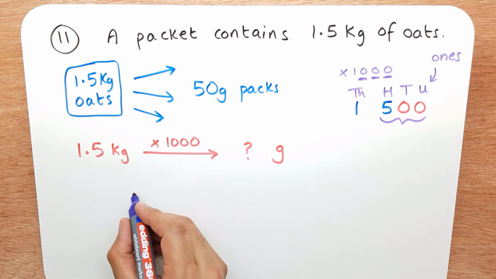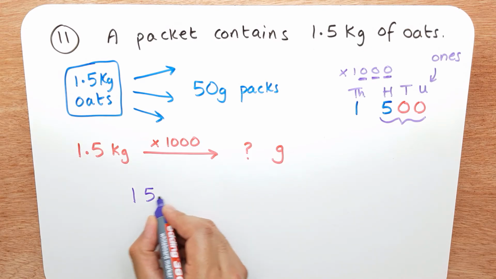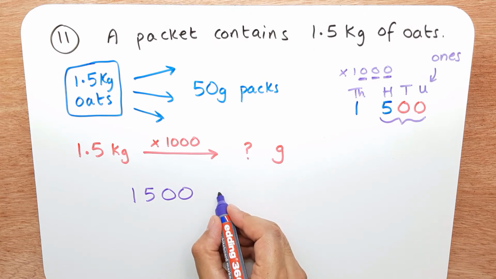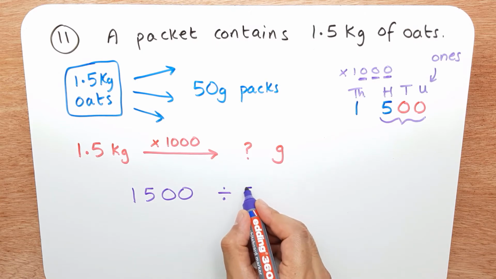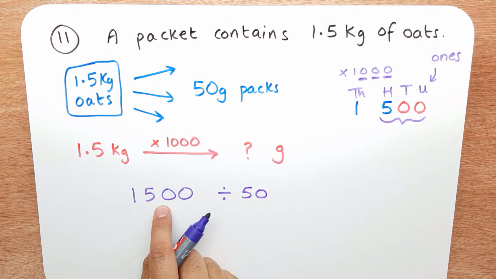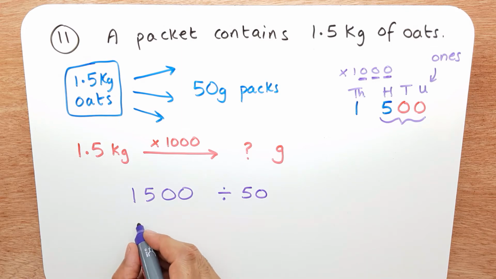So I have 1500 grams. And I need to share it into packets of 50. So how many 50s are there in 1500? So let me write it as a fraction.